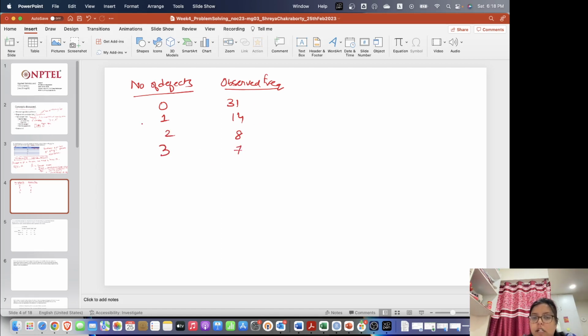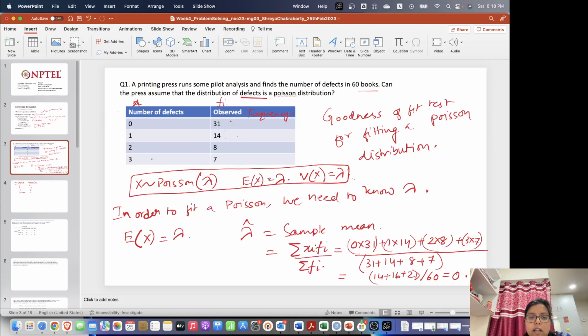This was the original table. We'll do one small modification here. We'll write 3 or more, because from the existing sample, for 4, 5, 6, all the frequencies were 0.